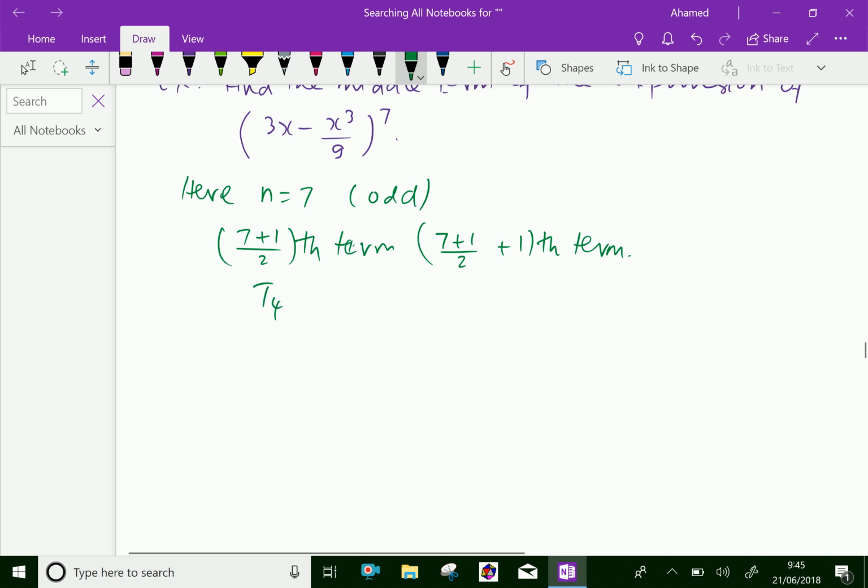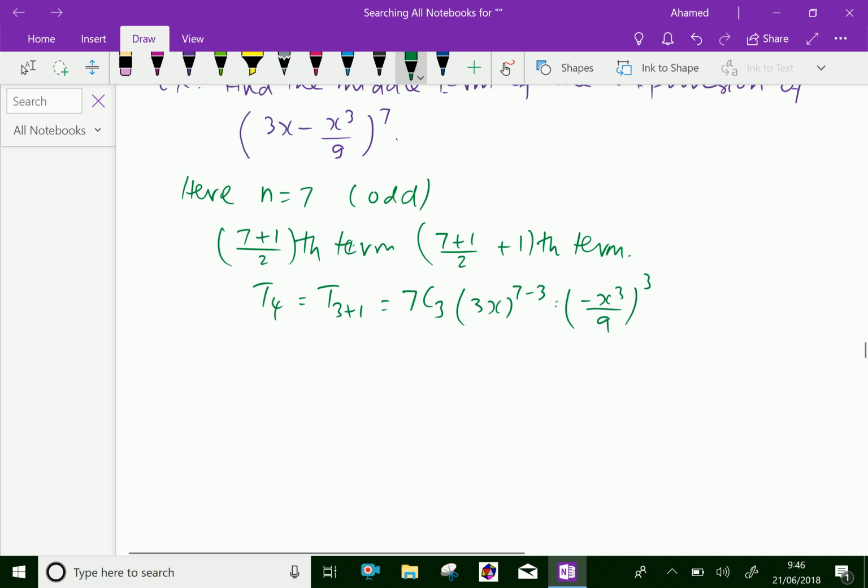that is T4, which we can write as T3 plus 1 equals 7C3, the first term is 3x power 7 minus 3, that is 7Cr x power 7 minus r, into the second term of the expansion, minus x cube by 9 power 3.